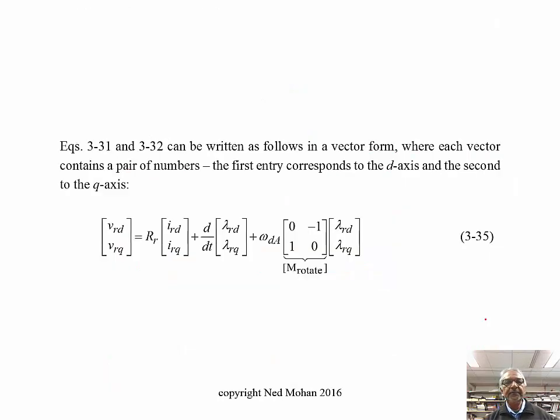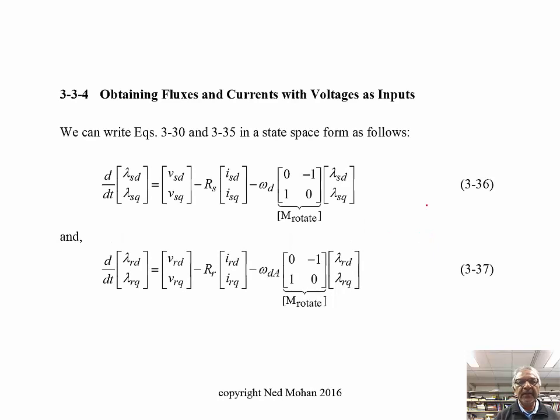All right. Whatever we did for the stator, we can do for the rotor. So we have a very similar expression over here, and this we can use to obtain fluxes and currents with voltages as inputs. We can rewrite those equations that you saw here.